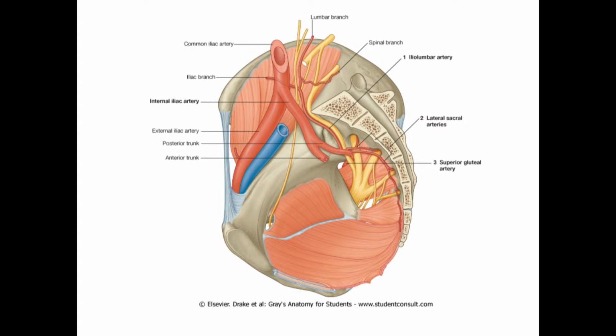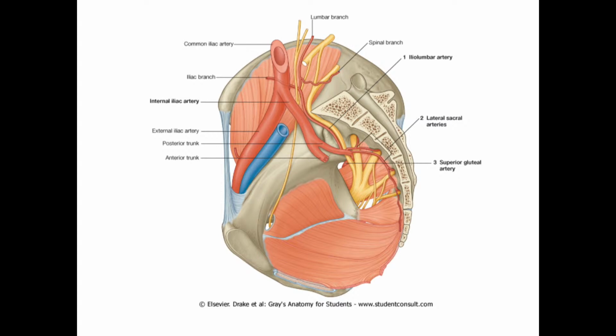Okay, talking about the lateral sacral arteries. We usually have 2 of them. They originate from the posterior division of the internal iliac artery, and their course goes medially and inferiorly along the posterior pelvic wall.